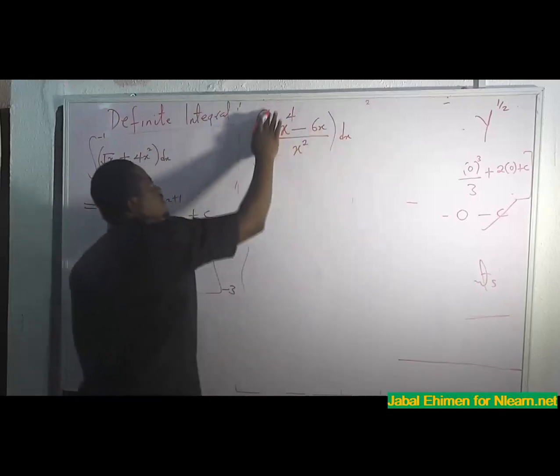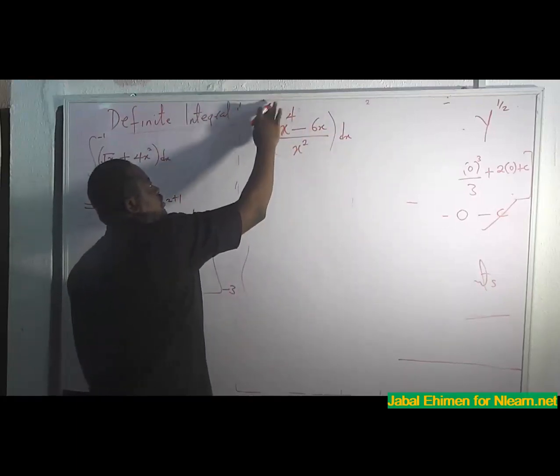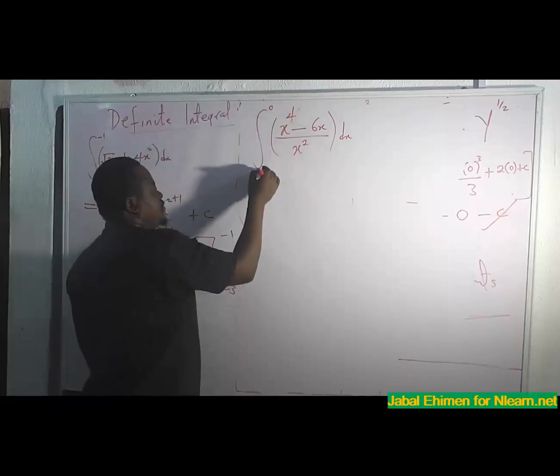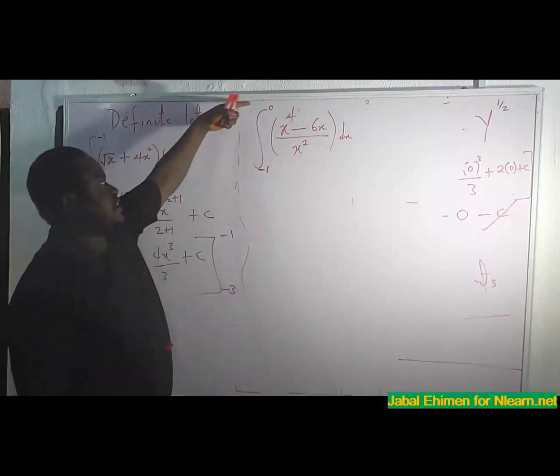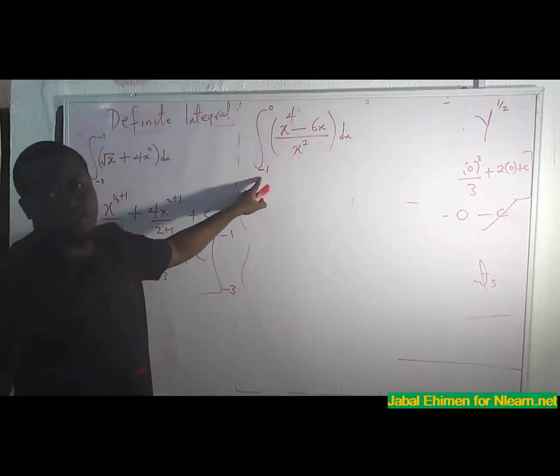Maybe they say that the upper limit is 0 and the lower limit is minus 1. Surely, mathematically, 0 is greater than minus 1.